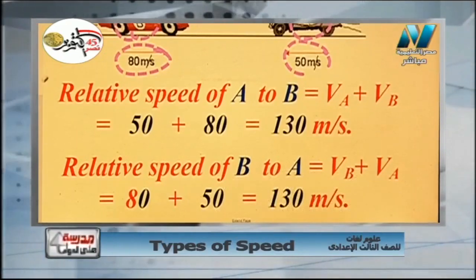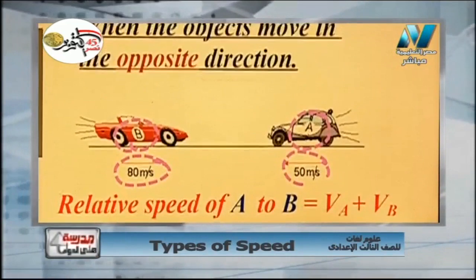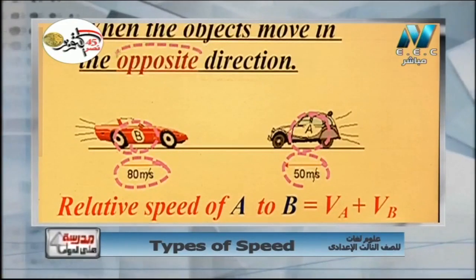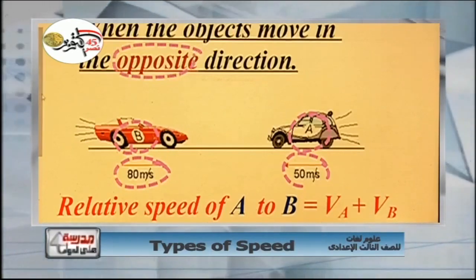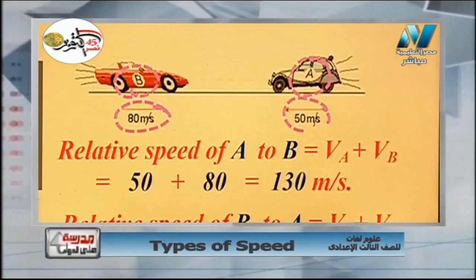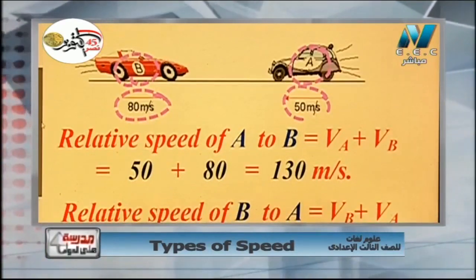We have no problem if the two objects move in the opposite direction. We sum, the summation of VA plus VB, so it won't matter: 1 plus 2 is the same as 2 plus 1.